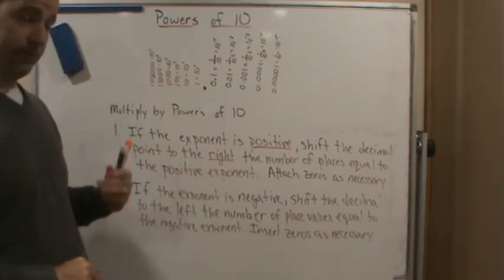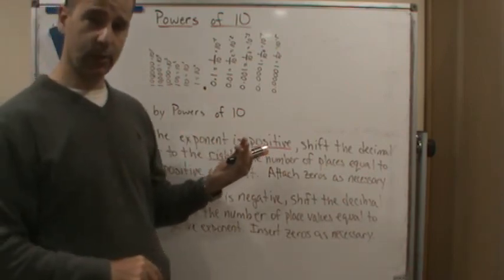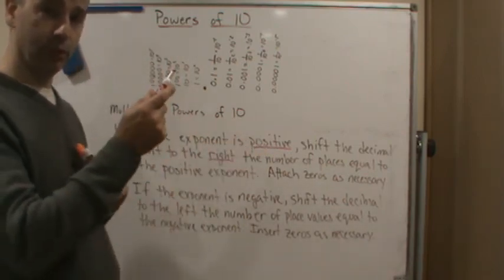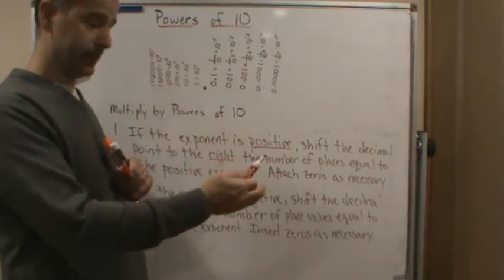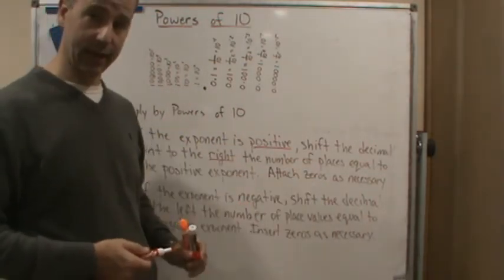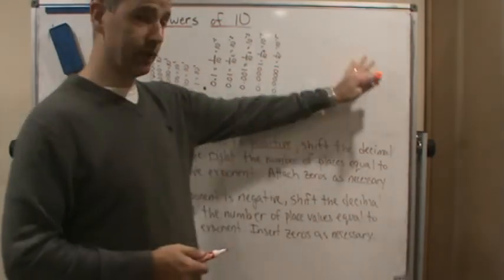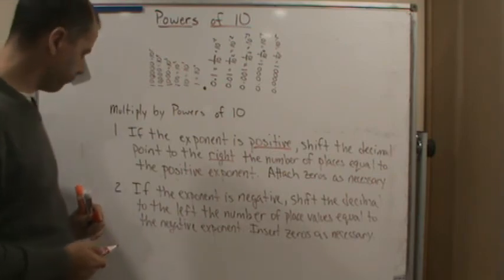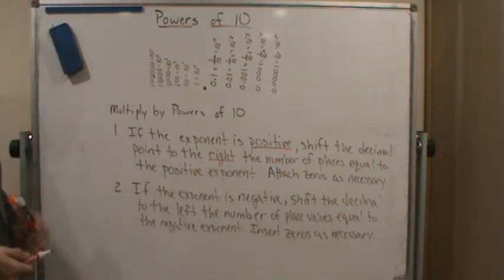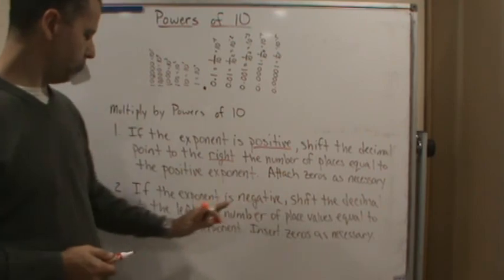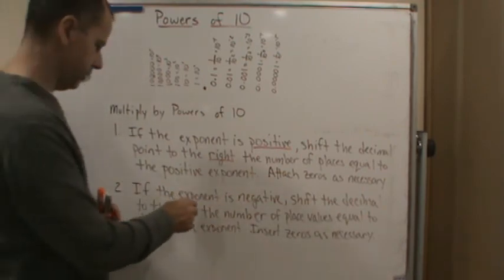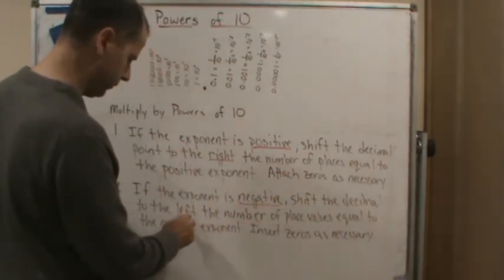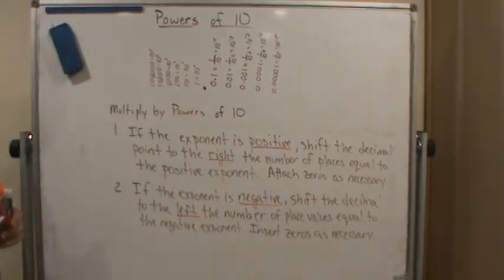Whatever the positive exponent is, that's the number of place values we move the decimal point to the right. Then we attach zeros at the end as necessary, just like we did when I was multiplying by 10. Two, if the exponent is negative, we shift the decimal point to the left the number of place values equal to the negative exponent, and then we insert zeros as necessary.